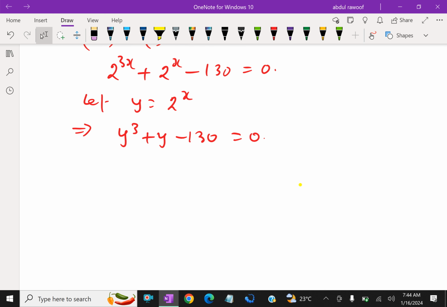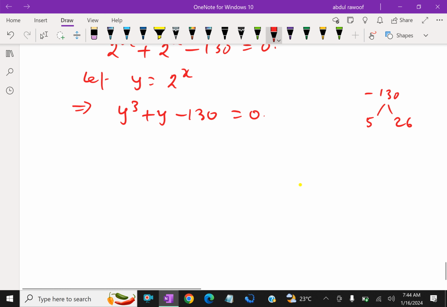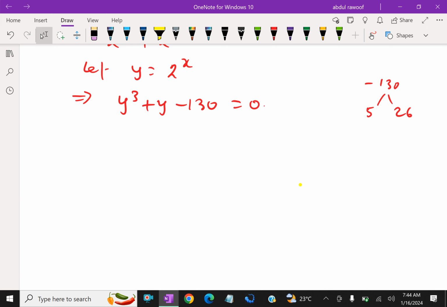Now this 130 can be split as 5 and 26. So further, minus 5 plus 26 is minus 130.